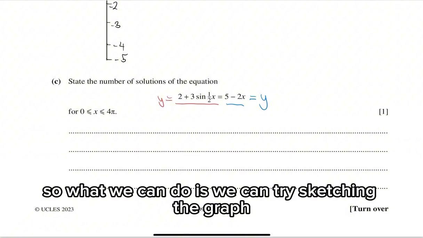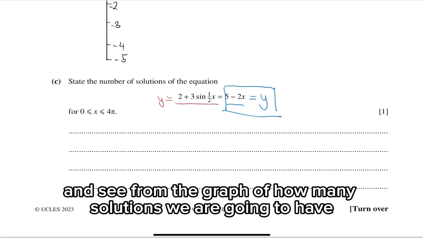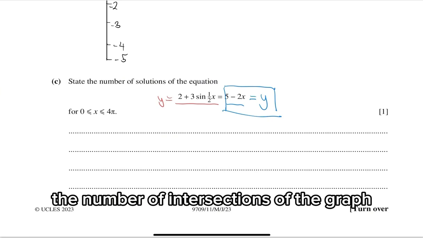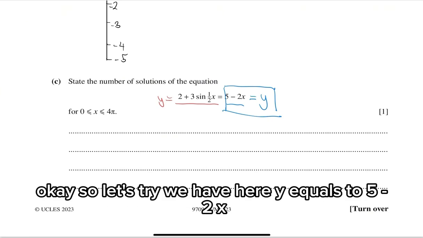So what we can do is try sketching this graph and the straight line, and see how many solutions we're going to have, which is determined by the number of intersections of the graphs. Okay, so let's try.